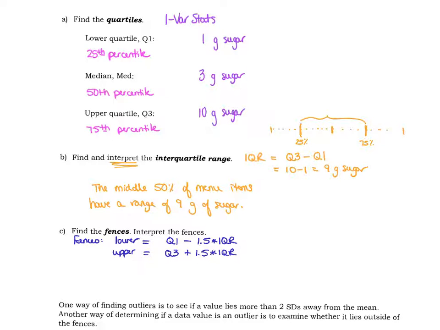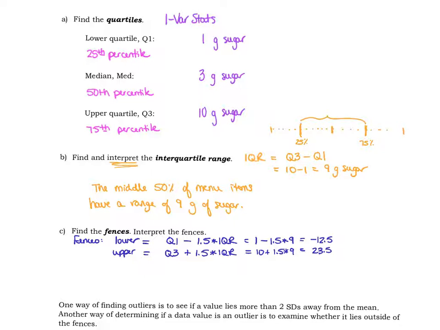So let's do that real quick. Our first quartile is 1, so 1 minus 1.5 times 9, our interquartile range, is negative 12.5. And our upper quartile is 10 plus 1.5 times 9, and we get 23.5.